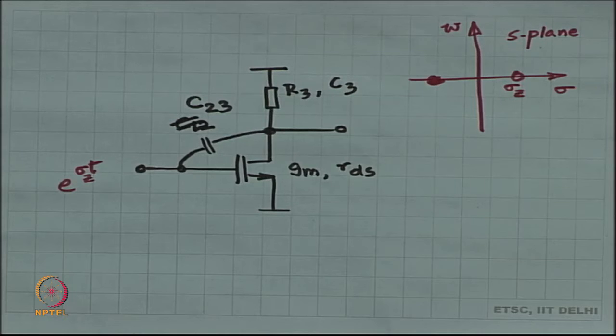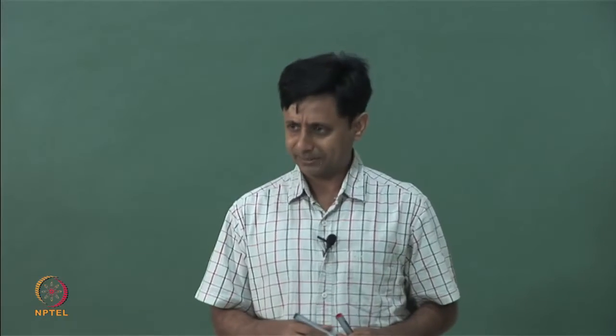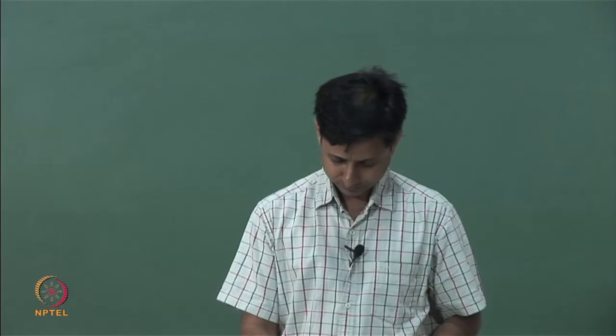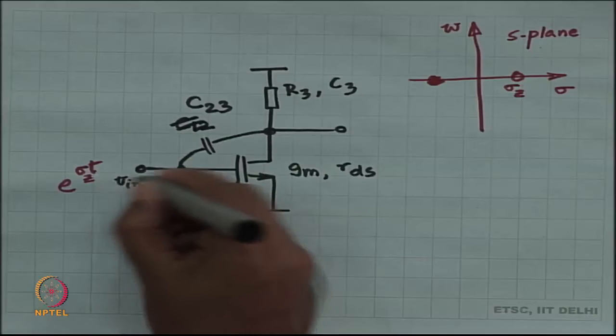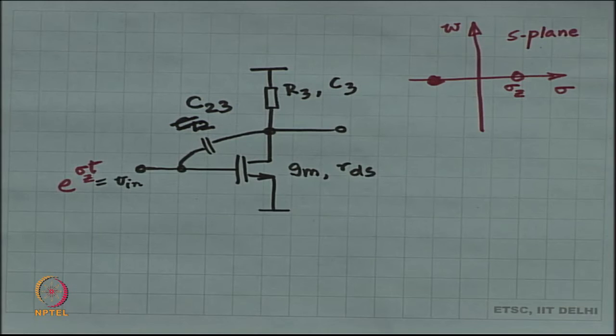This is the understanding. Now, let us just apply that input, whatever that input is. It is probably e power sigma z times t, let us apply that.